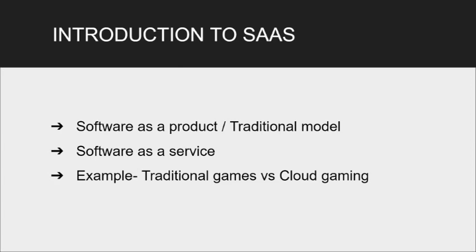Now if we want to play a heavy PC game like GTA or NFS or Assassin's Creed or anything else in that vein, we'll need to have a very high processing power and high graphics memory in our PC. But with the introduction of cloud gaming, which is of course a product of SaaS, we can have a PC with the minimum specifications and still be able to play any games we want. We just need to have a high speed and stable internet connection.